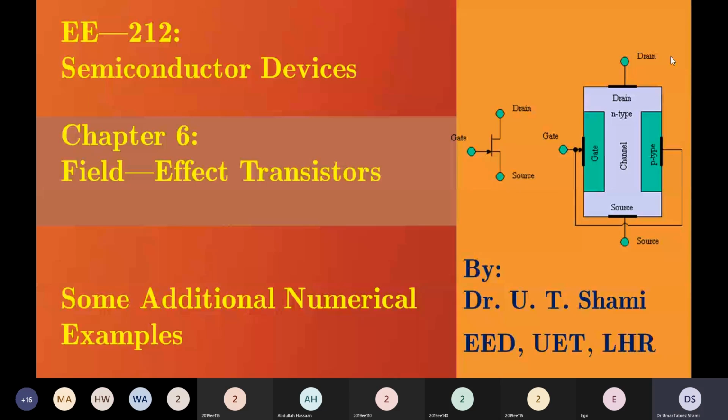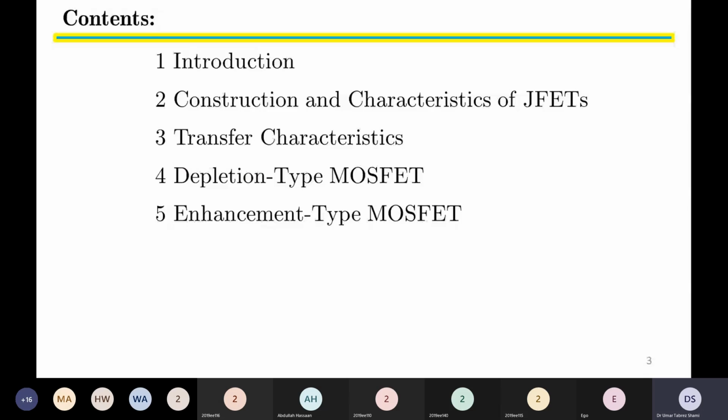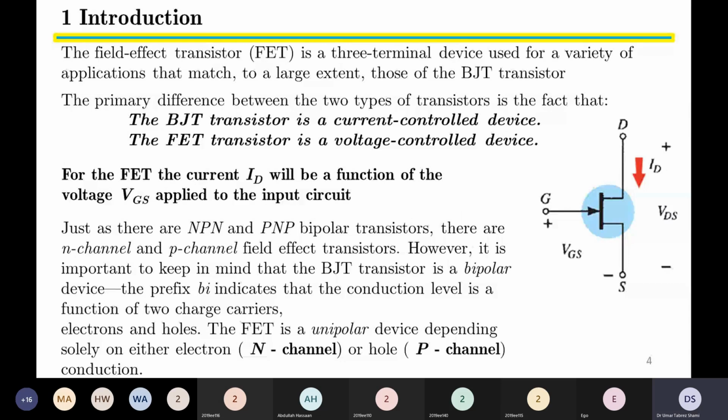In today's online lecture, I want to demonstrate some additional numerical examples. We are going through the field effect transistor chapter, and so far we have discussed the introduction of the FET, and we have learned that the FET is a voltage control device, whereas the BJT is a current control device.